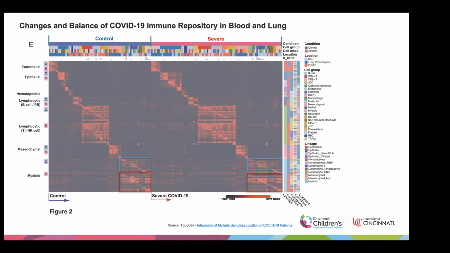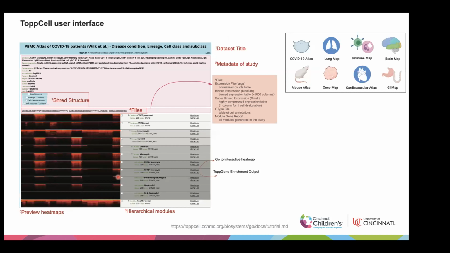We can focus on this chunk of genes and zoom in to see how exactly those detailed genes are differentially expressed, and compare between the control and the severe patients for the myeloid signatures. This is just an example of how we can use it in a compressed way and look from a global view.